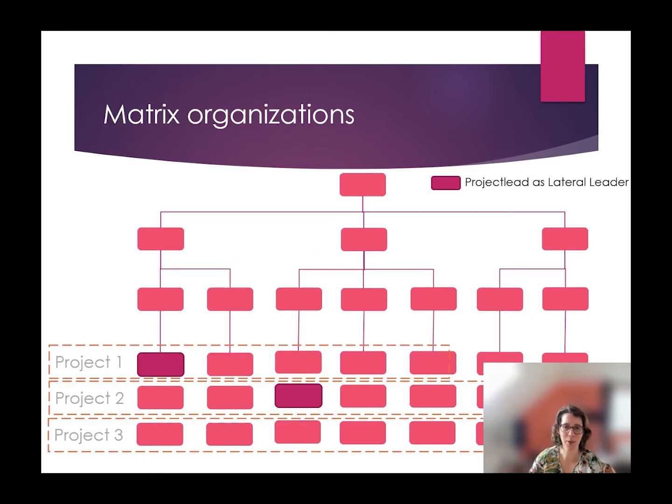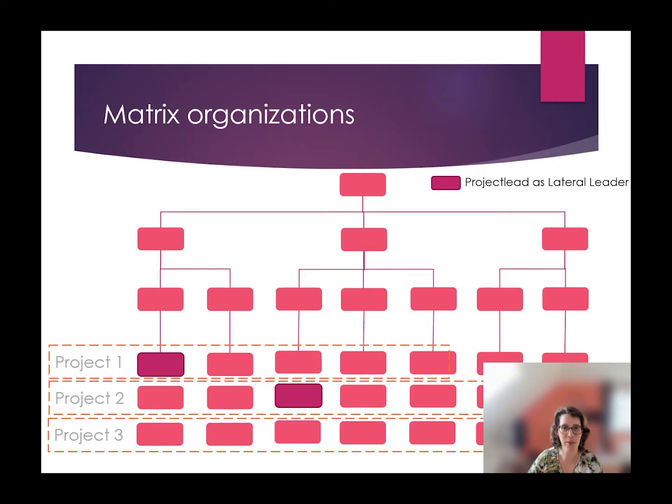But before we go there, let's mention matrix organization, because this is the next classical evolvement of organizations. So usually you have different projects that require some work from cross-functional departments. So it's not one single line that can do all of the work, but you need multiple different positions from different departments.